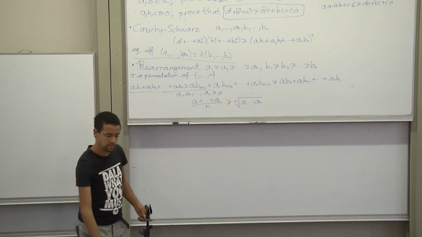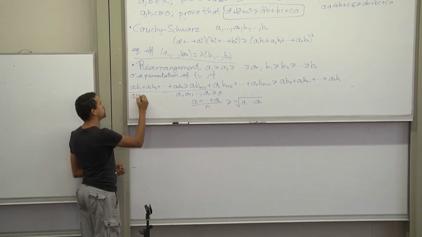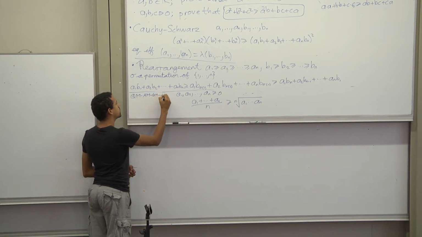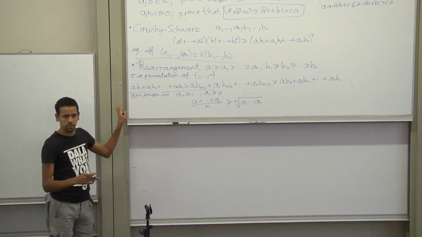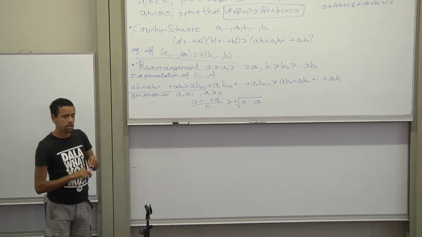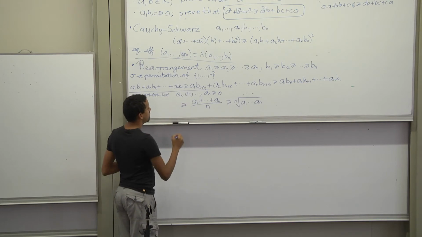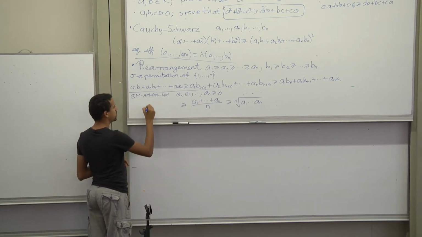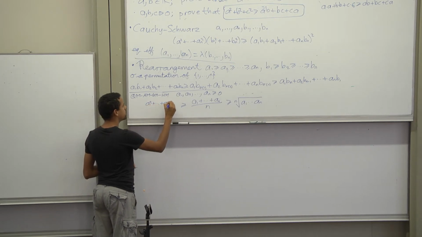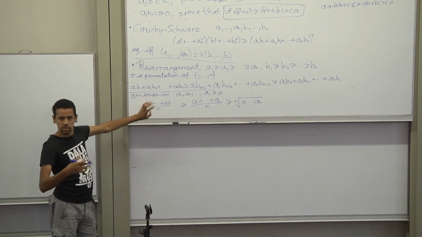There are also other averages. So I'm going to extend this a bit. QM, AM, GM, HM. All of these actually fall under a more general thing called the power mean inequality, but I'll just write down these for now because they are the most useful. This is less than or equal to taking the squares of all of them over n. So this is some sort of average of the square value.